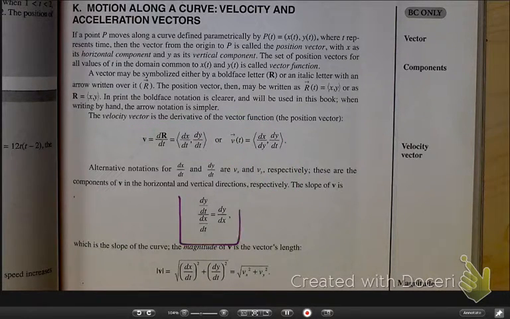So you divide dy/dt by dx/dt and you get the slope dy/dx. If you ever had a question that said find the slope of the velocity vector, it would be dy/dx, or dy/dt over dx/dt. That tells you which direction it goes in, like we talked about earlier.